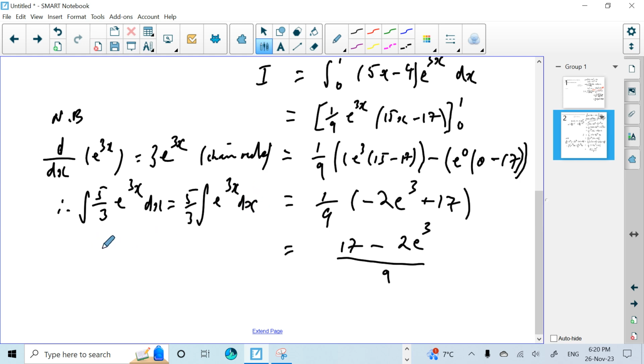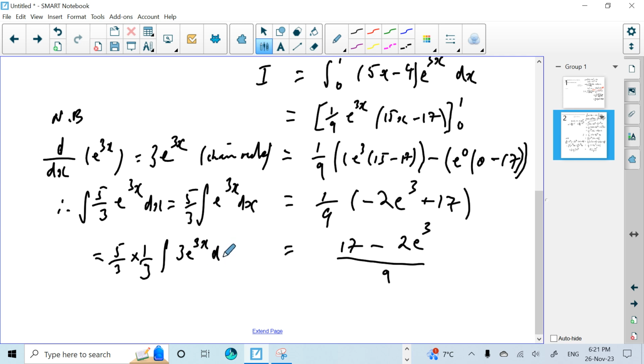Which gives 5 over 3 times 1/3 times the integral of 3e to the 3x dx.